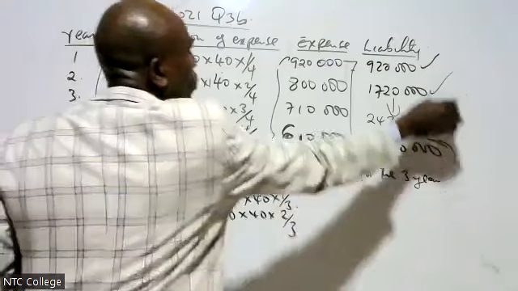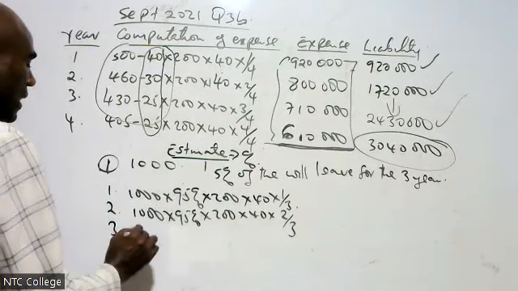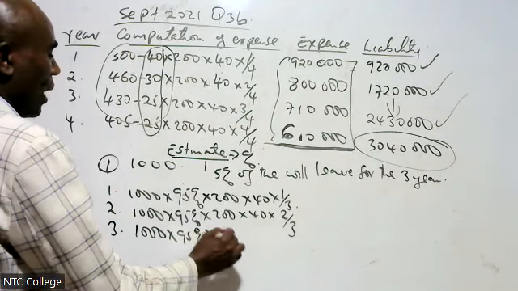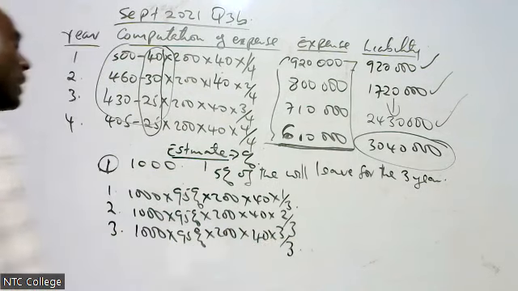I believe now you know how to do this part. It's not important to do it now. When I come to year 3, I will still take 1,000 times 95% times 200 times 40 times 3/3.